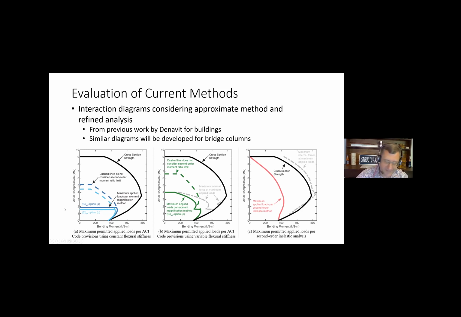However, if you go to a case of, say, low axial load, say 1 meganewton, and high moment of, say, 450 kilonewton meters, say right here on figure C, it's not safe, but the design methodologies are saying that that is pretty close to safe. So drilling down and looking into these cases of where the design methodologies are too conservative or perhaps unconservative, or perhaps some deviation between design methodologies, will be part of this evaluation.